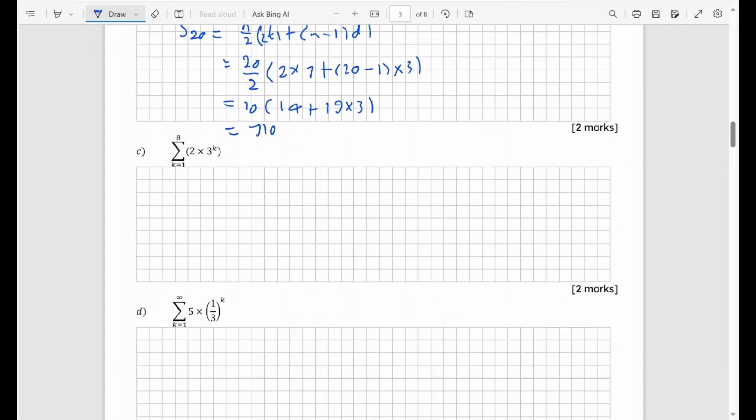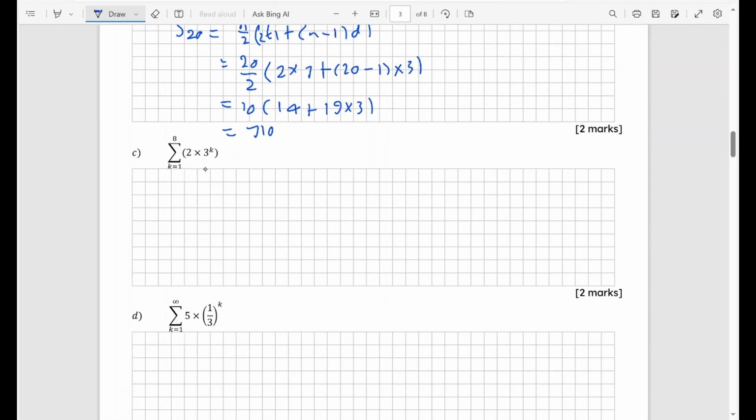This one here. So basically, again, we can work out what T1 is. This is geometric. T1 is 2 times 3 to the 1, which is 6.